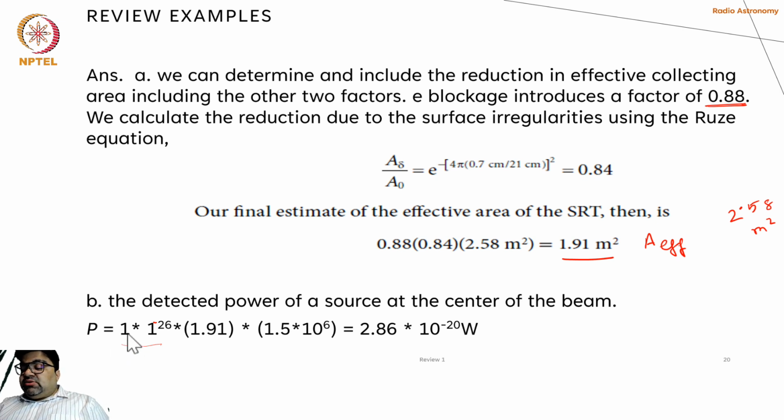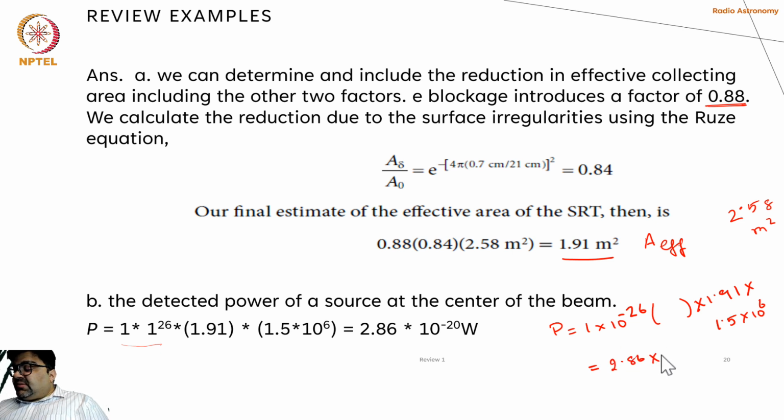Total power is the total flux density, 1 Jansky, so 1 times 10 to the power minus 26 watt per meter squared per hertz, times the effective area 1.91, times the effective bandwidth, which is 1.5 times 10 to the power 6. So that finally comes out to be 2.86 times 10 to the power minus 20 watt.